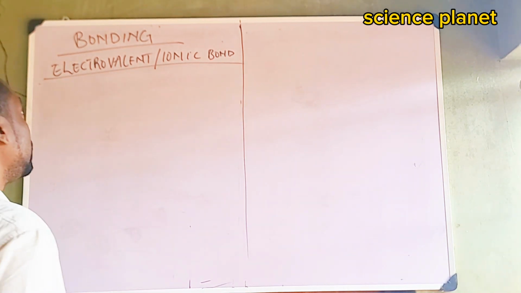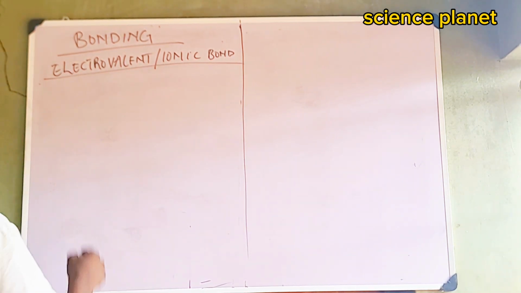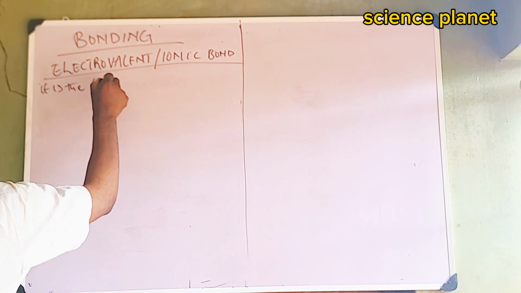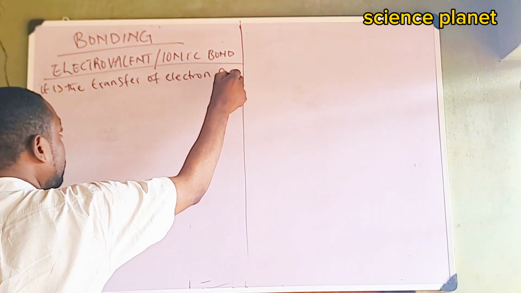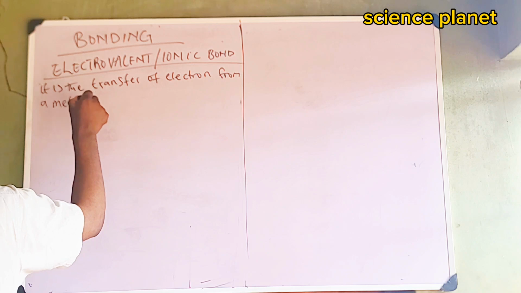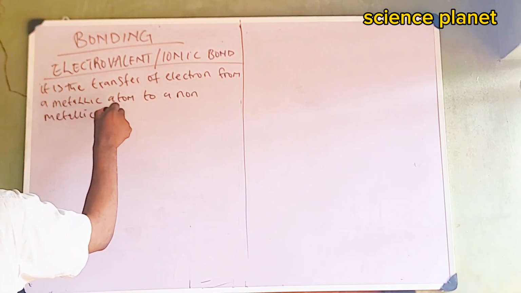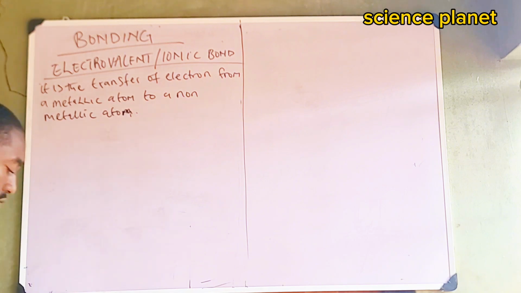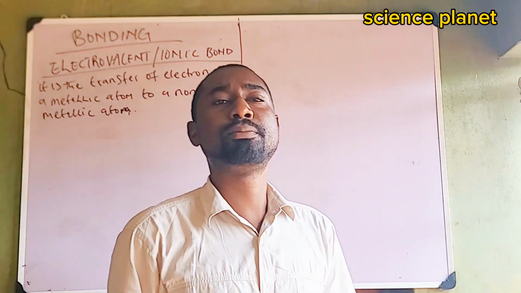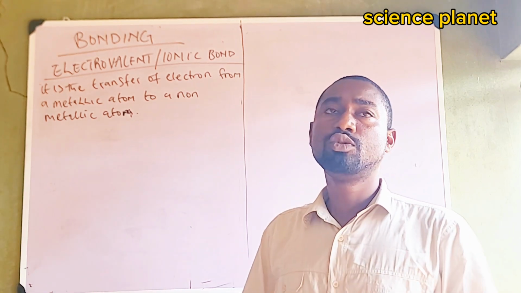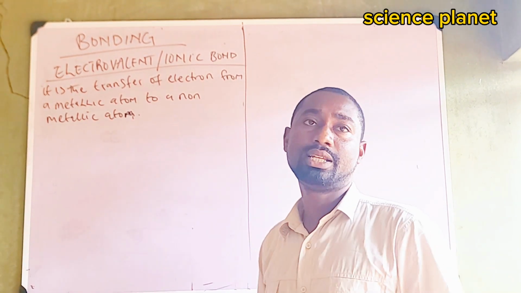So the electrovalent bond or ionic bond deals with the transfer of electron from a metallic atom to a non-metallic atom.